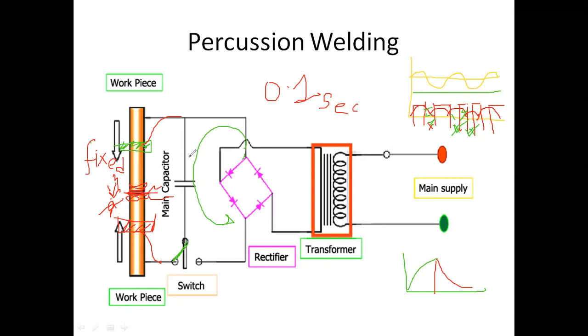Also a filament that you want to join with a holder is joined by percussion welding. We can also join dissimilar metals, for example copper with tungsten or iridium.